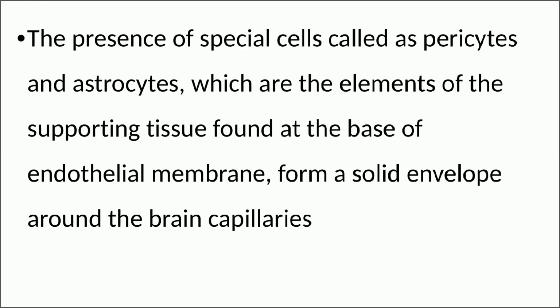Now the presence of special cells called pericytes and astrocytes, which are the elements of the supporting tissue found at the base of the endothelial membrane, form a solid envelope around the brain capillaries. So a solid envelope kind of structure is made up by two types of specialized cells called pericytes and astrocytes.